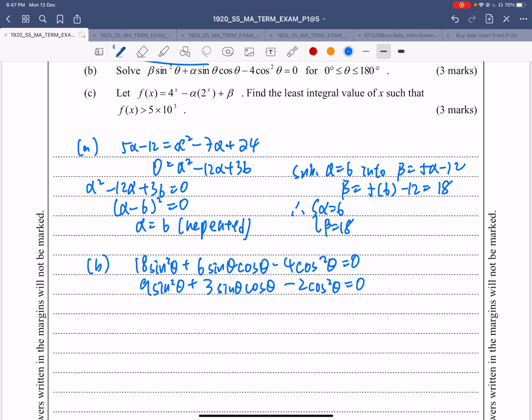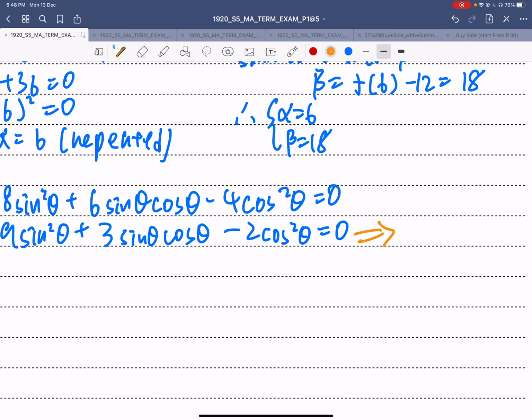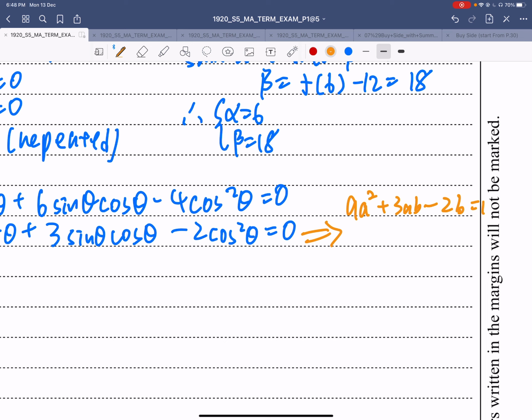Then how can you do it? Can you imagine letting sine theta be A and cosine theta be B? So this is in the format 9A squared plus 3AB minus 2B squared equals 0. You can factorize it: 3, then minus 1, and then plus 2.